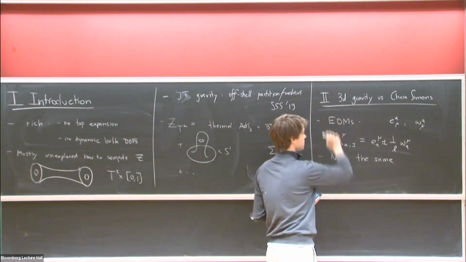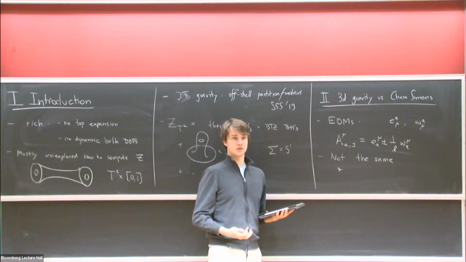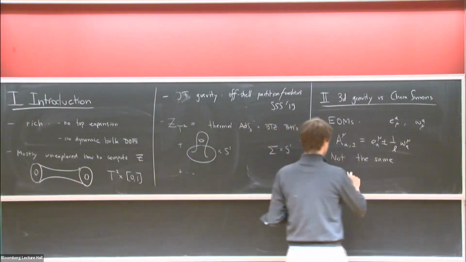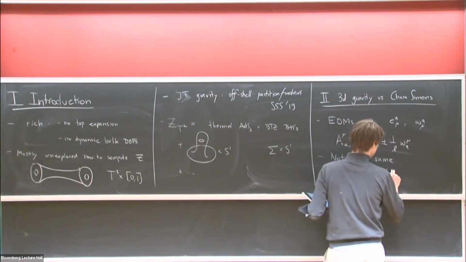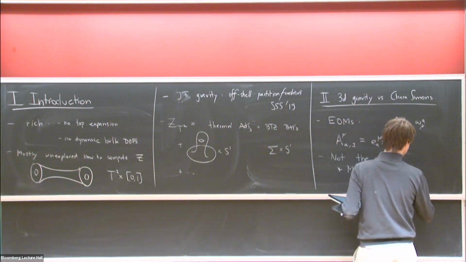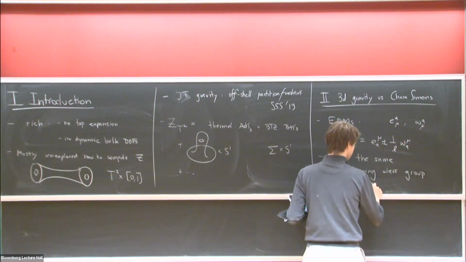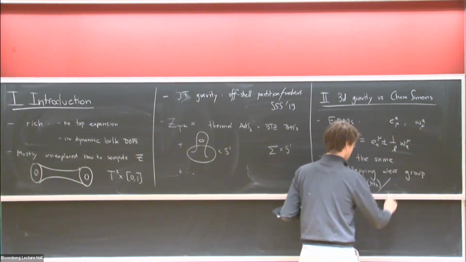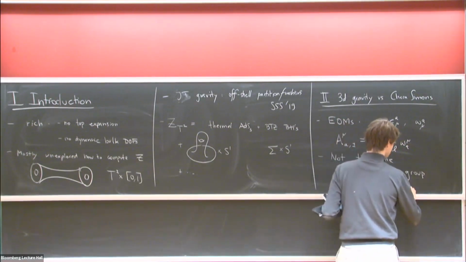However, the gauge freedom in 3D gravity is slightly bigger than in gauge theory because there are large gauge transformations. These large gauge transformations are usually called the mapping class group. The mapping class group is just all diffeomorphisms of your 3-manifold modded out by all diffeomorphisms that are small, that are continuously connected to the identity.